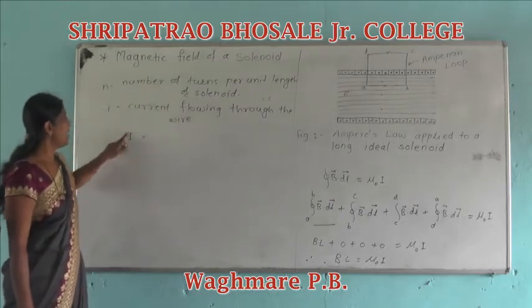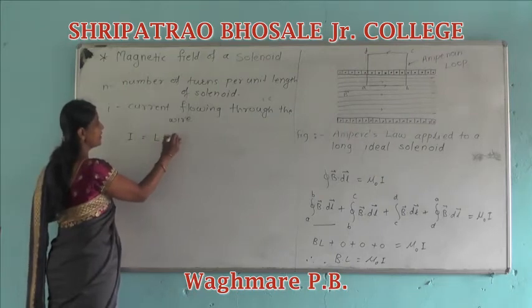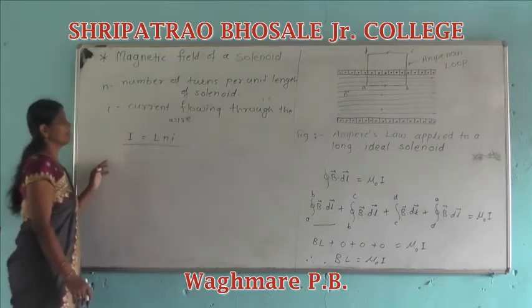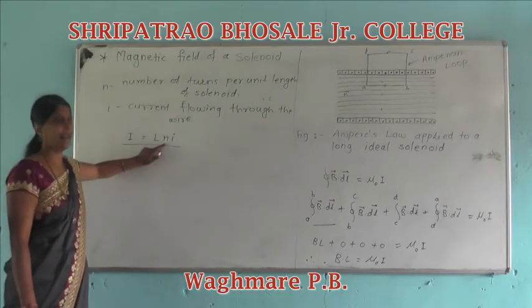Therefore, the net current is equal to n into I per turn. n is the number of turns per unit length.